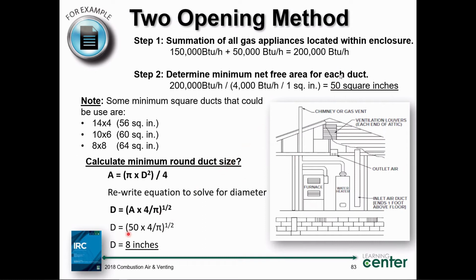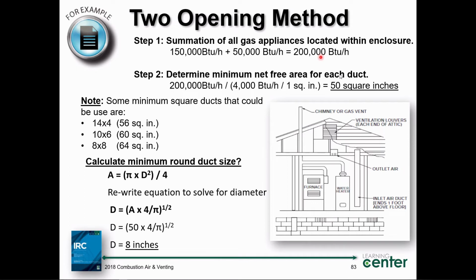By rewriting the equation, I take the square root of 50 times 4 divided by pi, and I come up with approximately an 8-inch round duct. That means I'll put an 8-inch round duct here and a long 8-inch round duct and end it within 1 foot of the floor. I'll have enough combustion air and volume coming through those ducts for this capacity of 200,000 BTUs per hour.